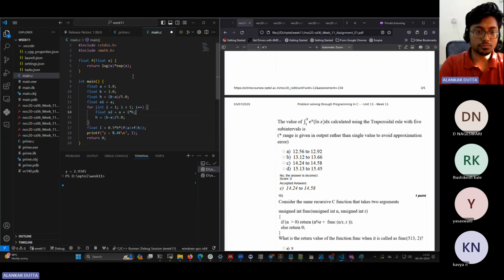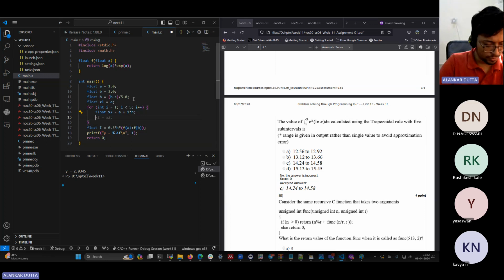So this is the value which we are starting with, and 1, 2, 3, 4. And therefore the h is nothing but b minus a by 5. As you can see, we have already defined it here, so we don't need this.